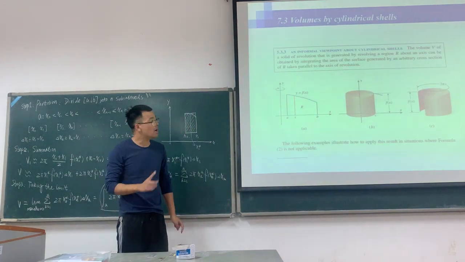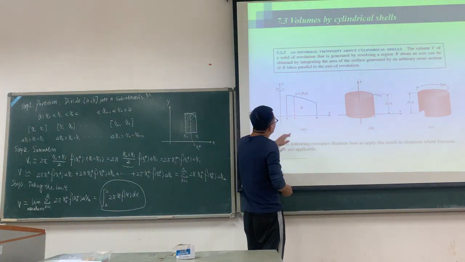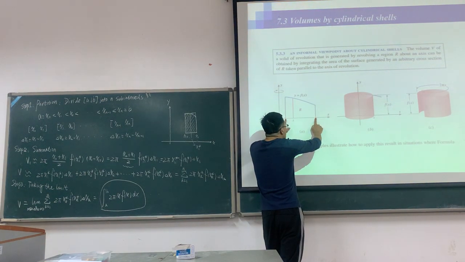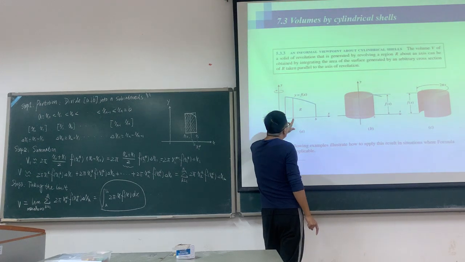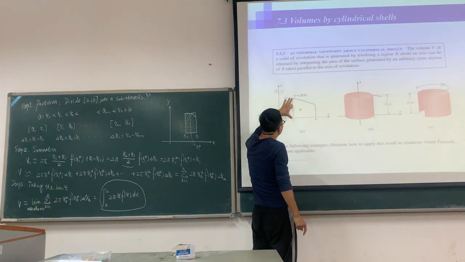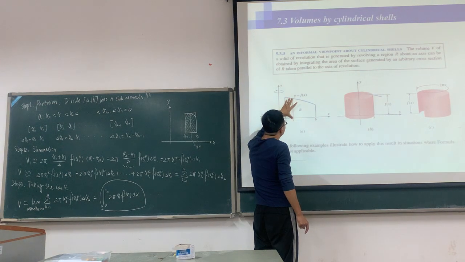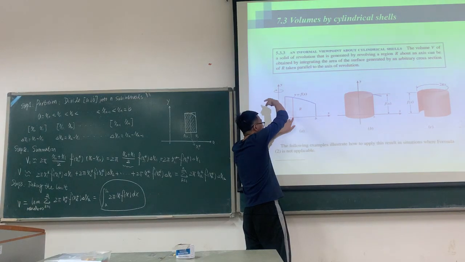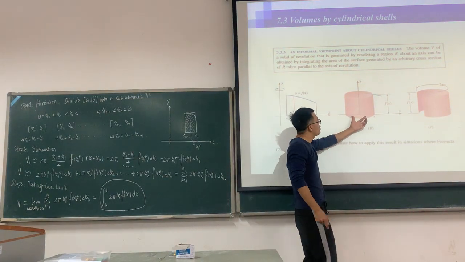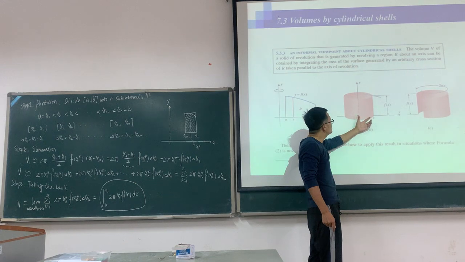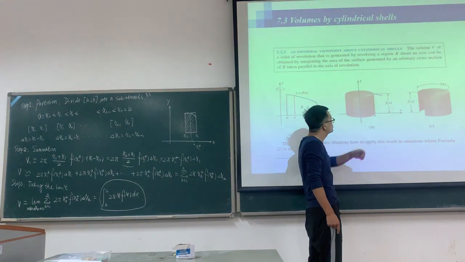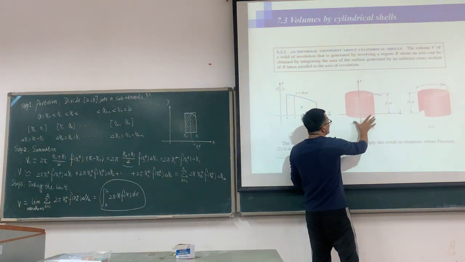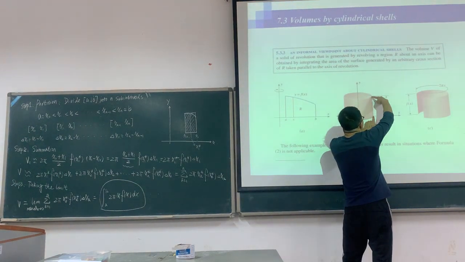In the interval [a,b], we choose one point x and draw a vertical line. When this line is revolved about the y-axis, we get this shape, a cylinder.